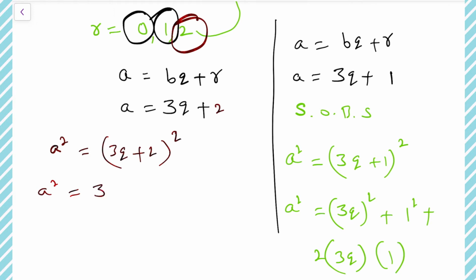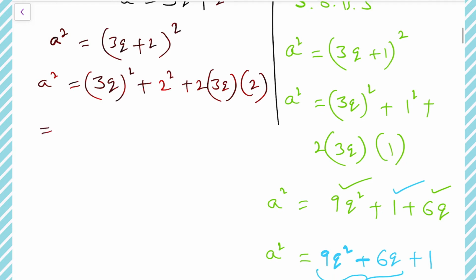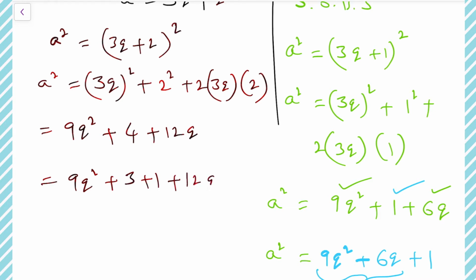So if we expand, 3q whole square plus 2 square plus 2 into 3q into 2, which equals 9q square plus 2 square is 4 plus 2 into 3q into 2, 2 3 is 6, 6 2 is 12q. So which equals 9q square plus 4. I am writing it as 3 plus 1 plus 12q.